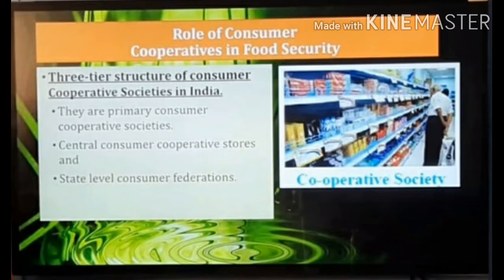More than 50,000 village-level societies are engaged in the distribution of consumer goods in rural areas. This scheme is playing an important role in food security in India. For example, out of all fair price shops running in Tamil Nadu, around 94% are being run by cooperatives.